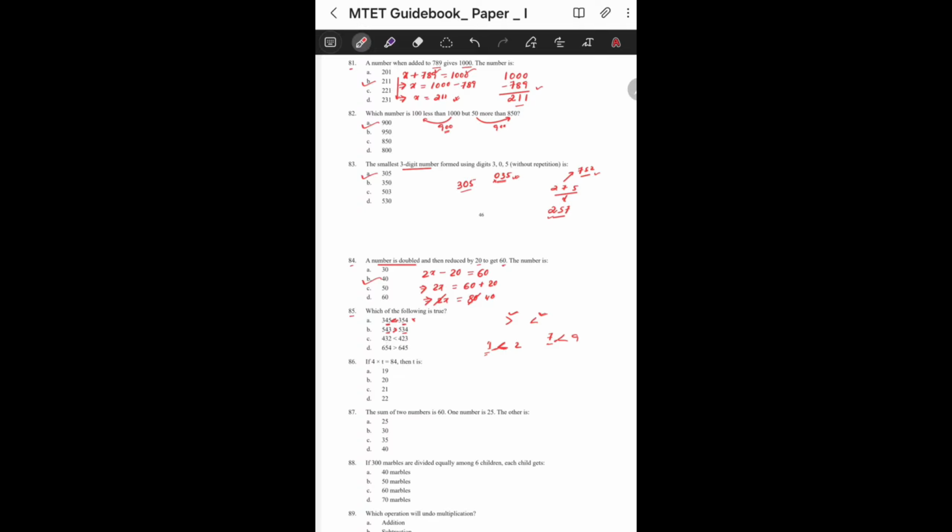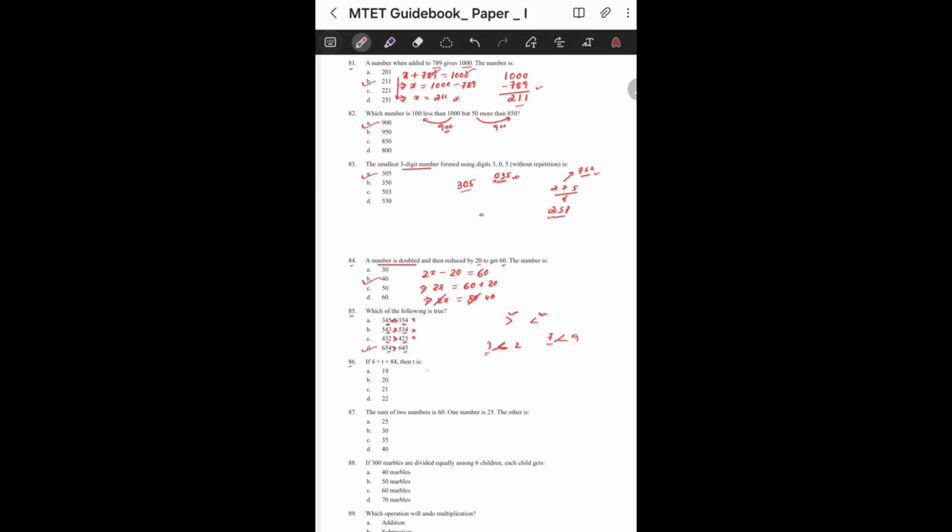Next 32 and here 23. 23 is small, so the arrow will be this side. So all three are wrong here. Let's see here 54 and here 45. So you can see here the arrow mark is on the right side. That means it is the correct one. So option D is your correct option. It is 654 is greater than 645. So option D is your correct option here.